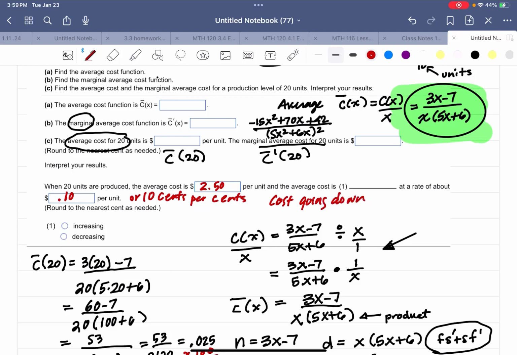That's not a bad thing, like losing profit. Our cost is going down by 10 cents, or you can write it as 10 cents per unit at 20 units. So in other words, the 21st unit is going to cost 10 cents less to make than the 20th unit did.